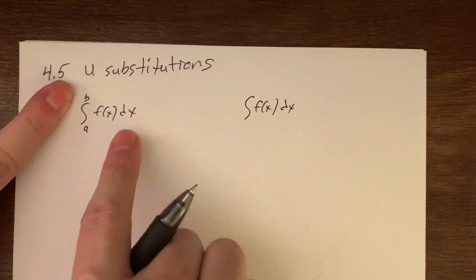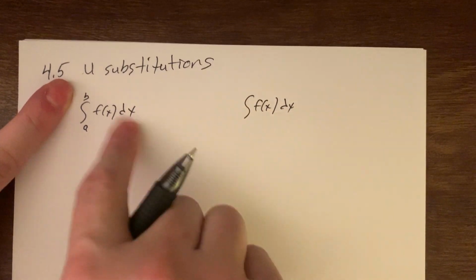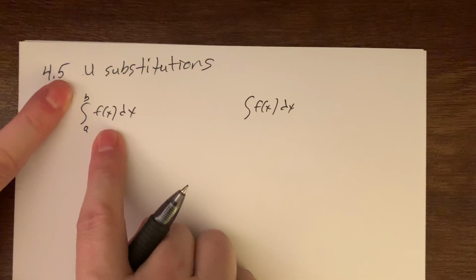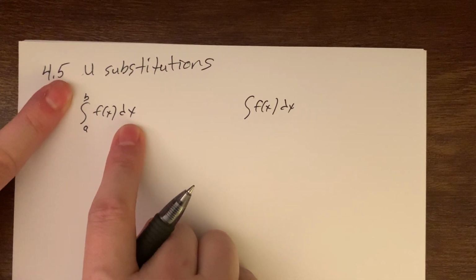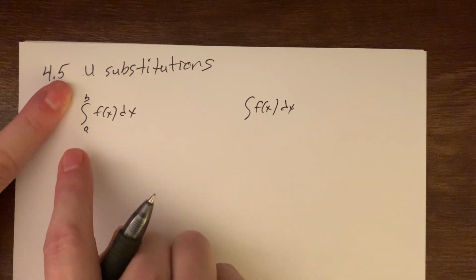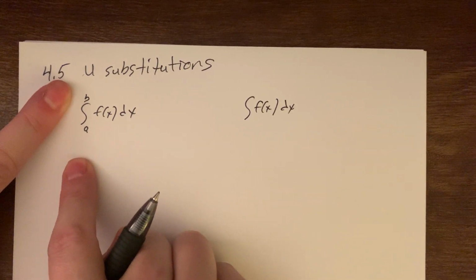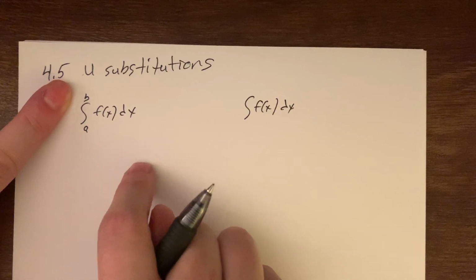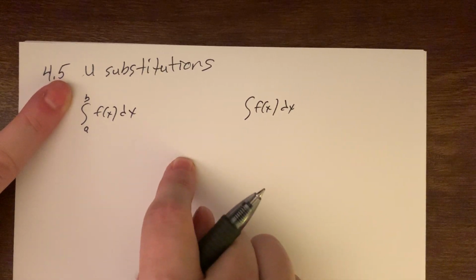And this also brings up the importance of the dx notation. When we wrote the initial definition of a definite integral, we had the limit as n goes to infinity of the summation of f of x sub i times delta x.